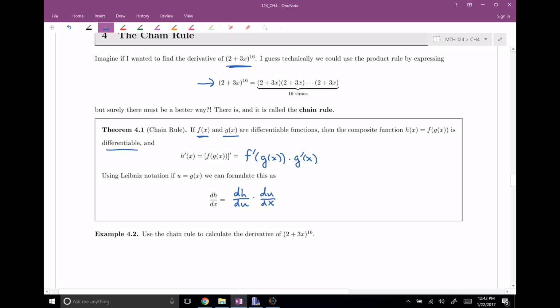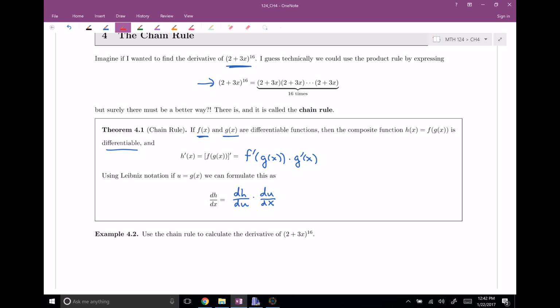And this is one of the beautiful things about the Leibniz notation, it looks just like fractions. These really aren't fractions, but because it looks like fractions, you can see maybe these du's would cancel out, and what you would have left is the dh and the dx, right? So dh dx, it makes a lot of sense.